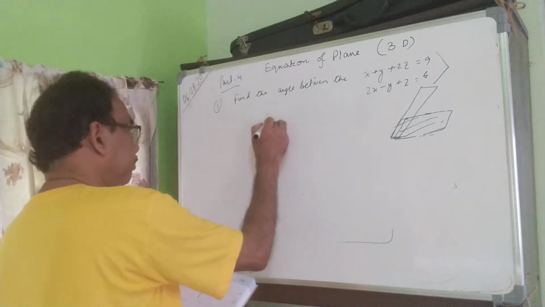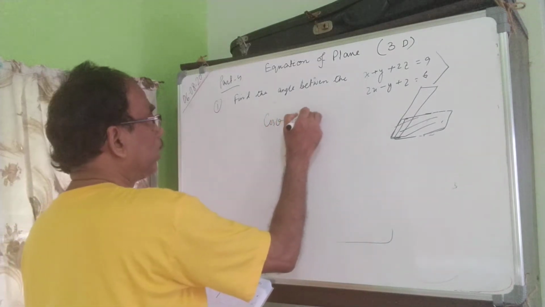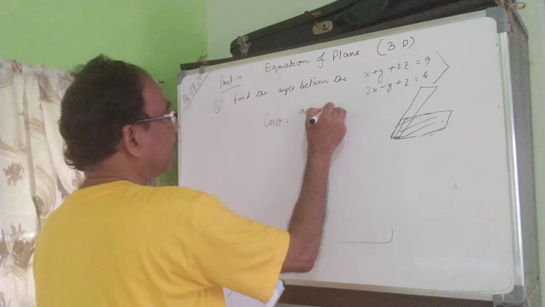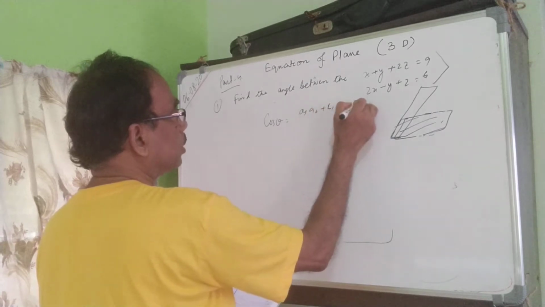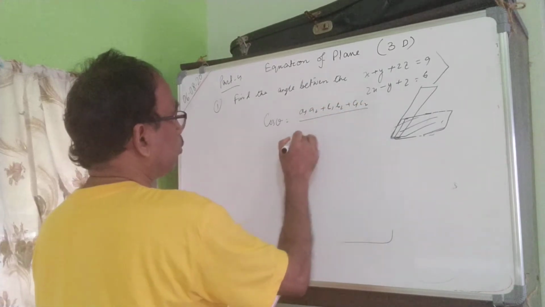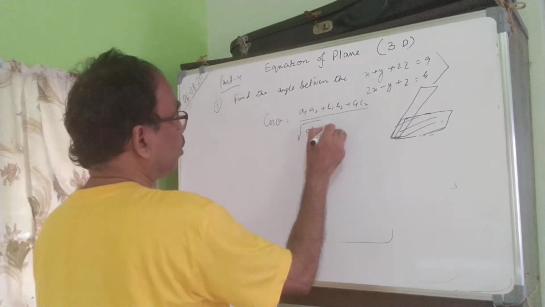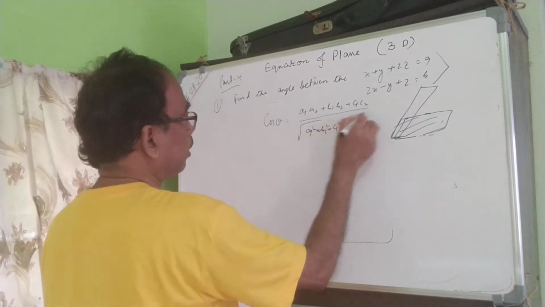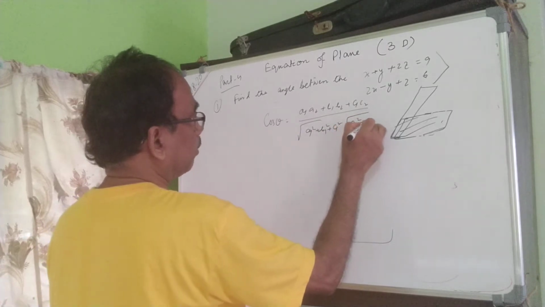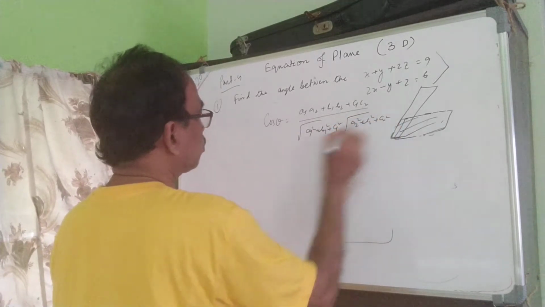Then cos theta equals a1 a2 plus b1 b2 plus c1 c2 by root over a1 square plus b1 square plus c1 square into root over a2 square plus b2 square plus c2 square.